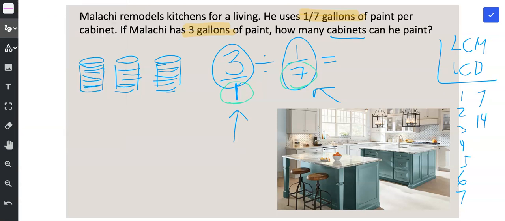And then you figure out the least common multiple, or the smallest denominator that they have in common, which would be 7. And then from here, we need to make sure that both denominators are 7. We don't need to change this fraction, it already has a denominator of 7, but we need to change this fraction so that it has a denominator of 7.